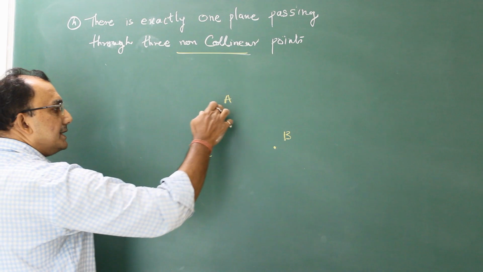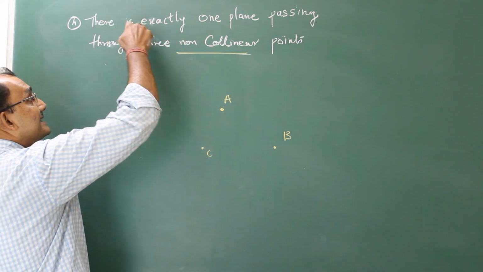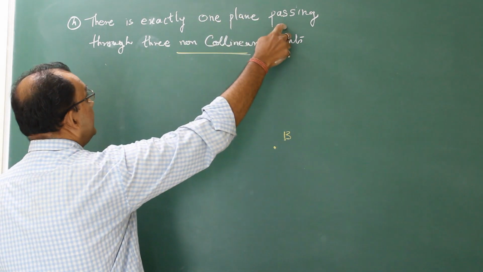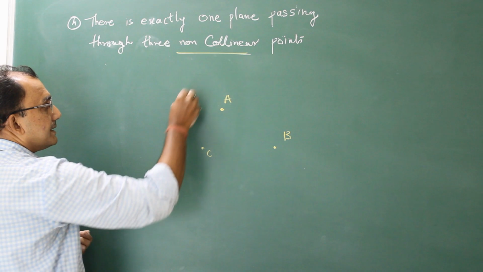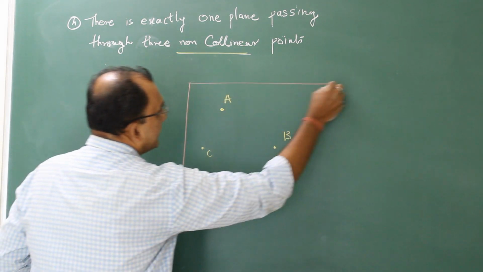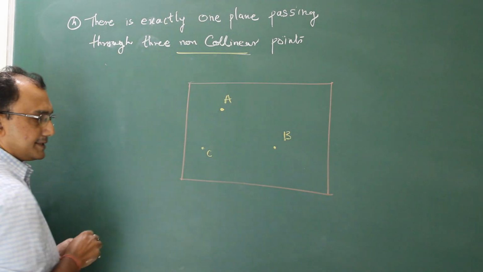If I have three non-collinear points, as given here, there is exactly one plane passing through them. That means there is a plane which contains my three non-collinear points.